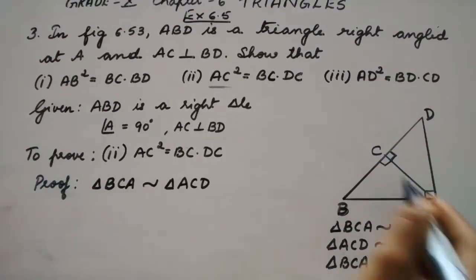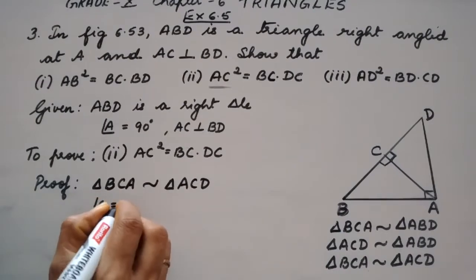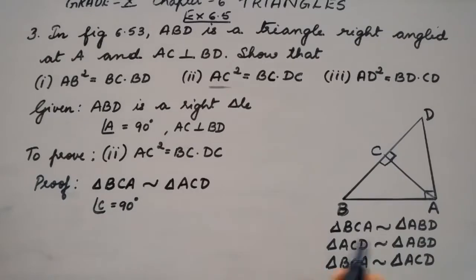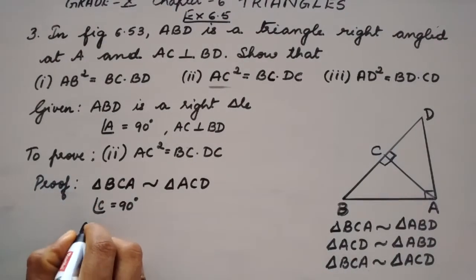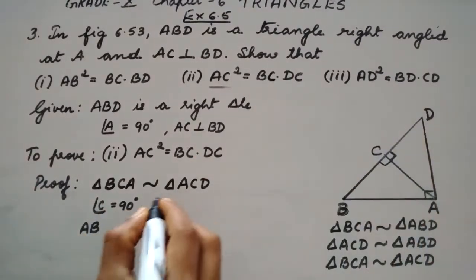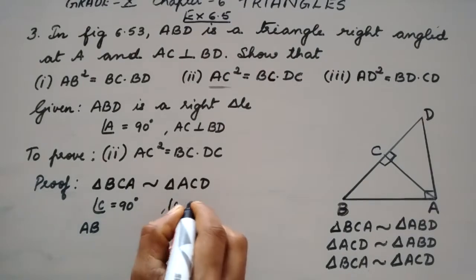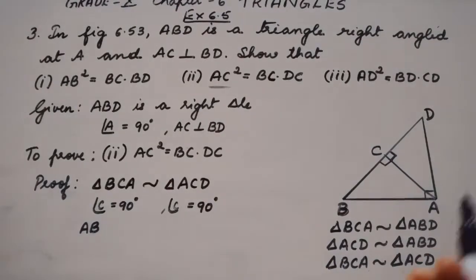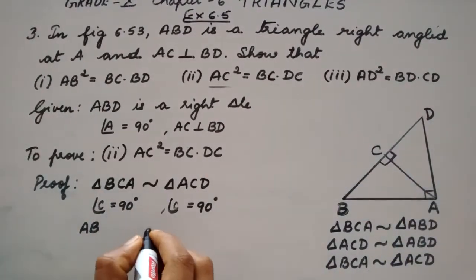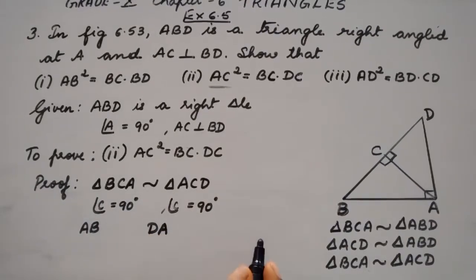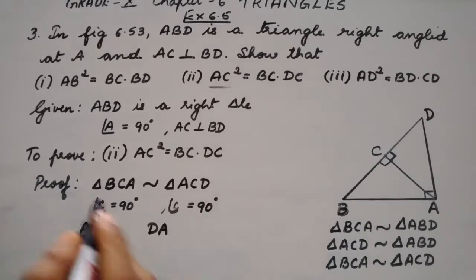In triangle BCA, angle C is equal to 90 degrees, isn't it? And here AB is the hypotenuse. And in triangle ACD, we have again angle C is equal to 90 degrees. So here we have DA as the hypotenuse. So which is the remaining vertex in BCA?